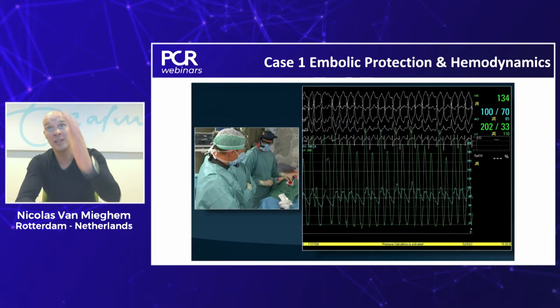What you then see here is a hemodynamic assessment. So after crossing the valve, we insist on measuring the transvalvular gradient and also the left ventricular end diastolic pressure. We determine the aortic regurgitation index. The LVEDP is important to understand the filling status of the patient and to maybe also determine the kind of attention that the patient would need in terms of fluid therapy after the procedure.